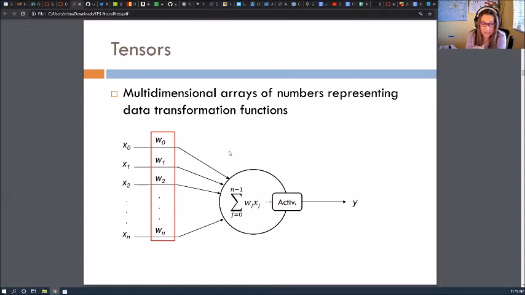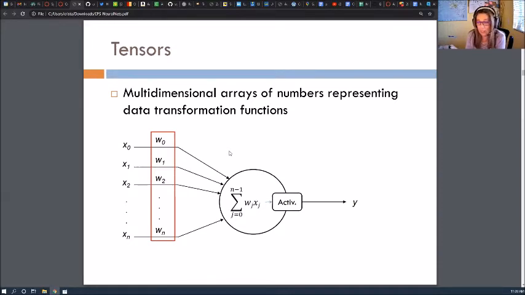Another interesting thing about this world of neural networks is that they are very much like functional programming. If you remember the lambda calculus, there's no distinction between programs and data. Everything is a function, a lambda expression: numbers are lambda expressions, and programs are lambda expressions. So the same thing here.